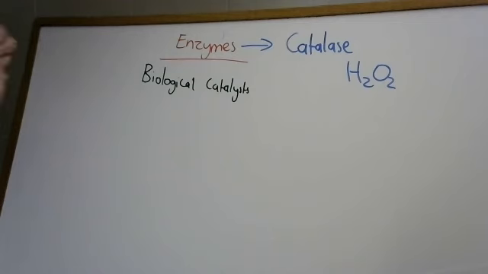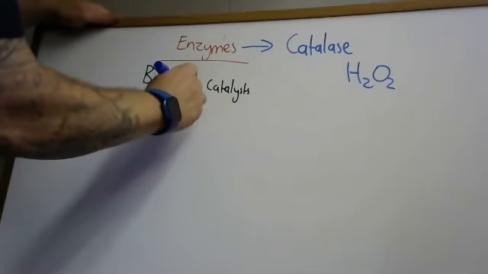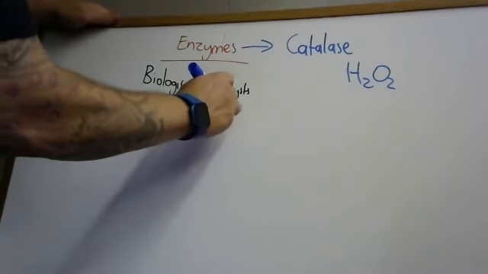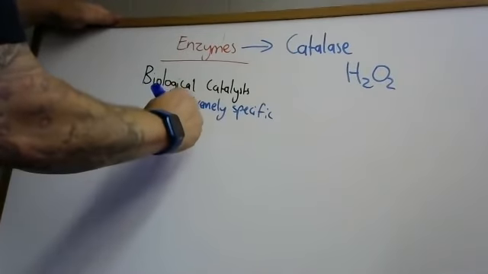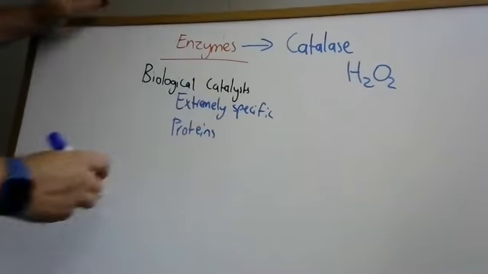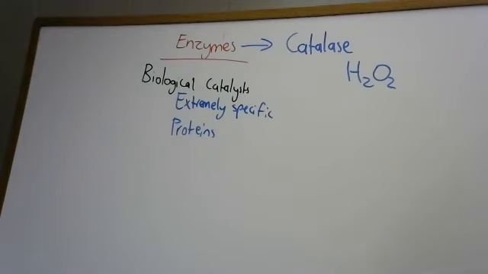Now, biological catalysts are extremely specific. They are made up of proteins. Sometimes they'll have metal attached, metalloenzymes. Sometimes they'll have salts. But they are super specific. So what does this mean?